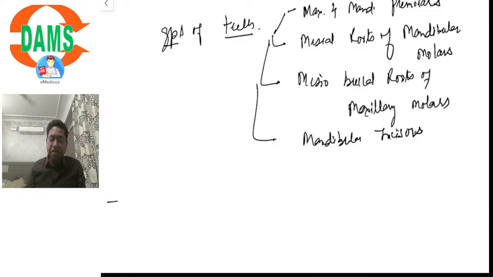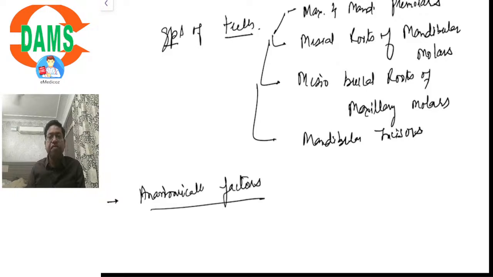There are certain anatomical factors which predispose the teeth to occurrence of VRF. What are the anatomical factors that predispose a particular tooth to VRF? Firstly, the root cross section.